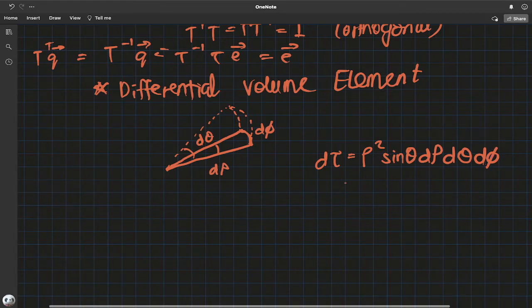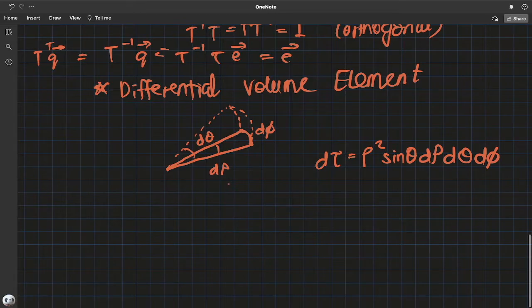If you integrate this on appropriate upper and lower bounds and set, say, rho equal to 1 or some magnitude, you can get the volume of a sphere of that radius. But it will definitely be a triple integral, because you see these three differential terms.